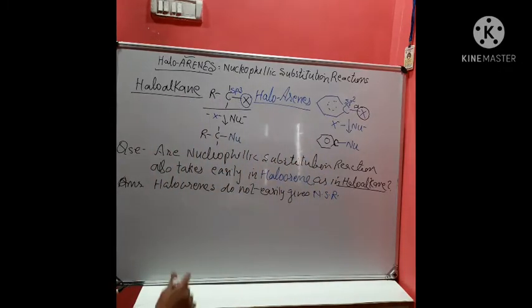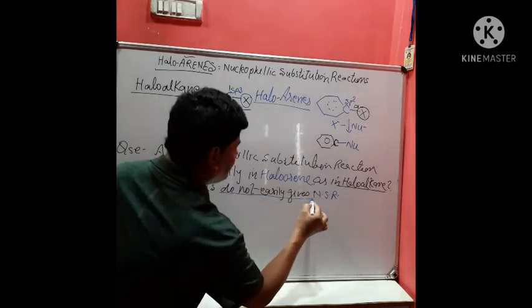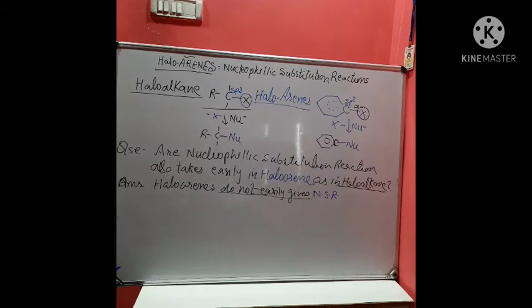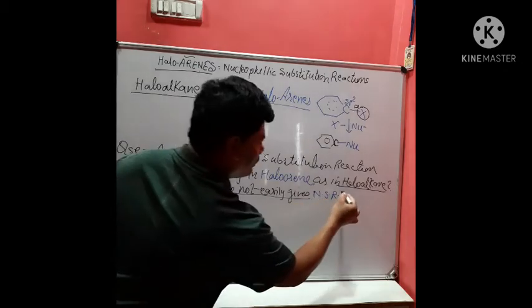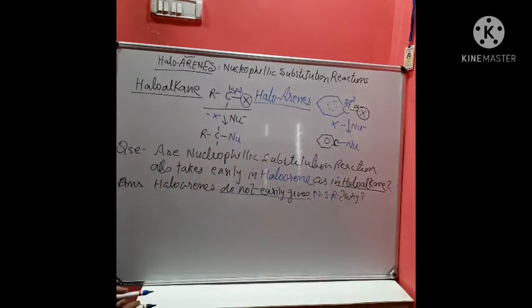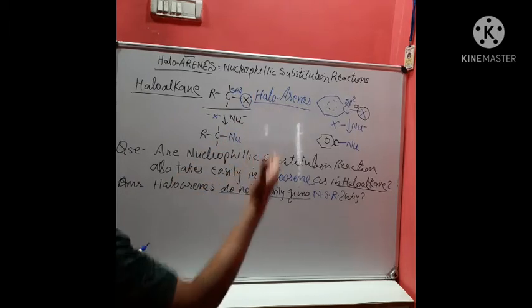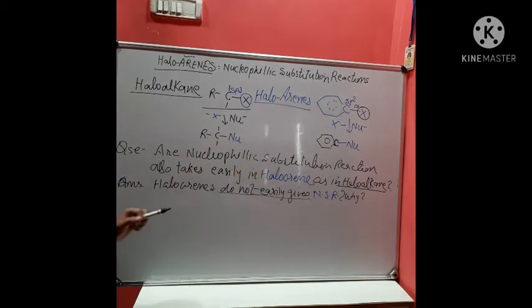Haloalkane easily gives, but haloarenes do not easily give nucleophilic substitution reaction. Now the question is why? To discuss its answer, again we have to check the nature of the two reactants, because the chemical properties depend completely on the nature of the reactants.